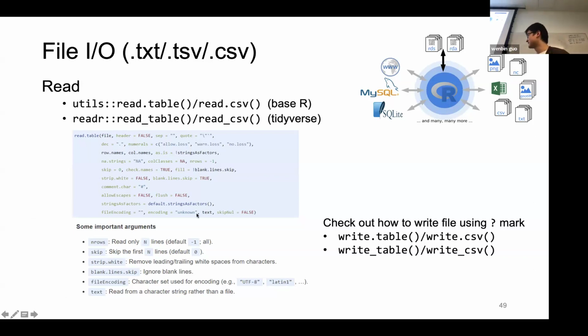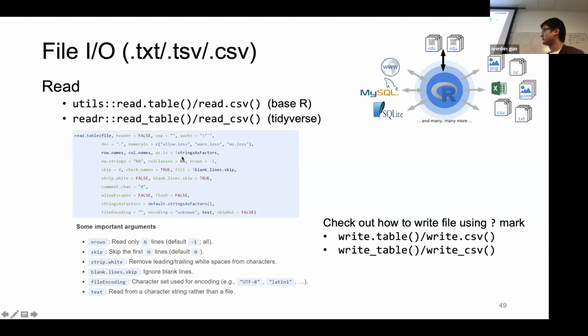For readr, which is a member of the tidyverse, there is a similar functionality, and the job is pretty similar. The arguments are also similar. Here, although I just listed read.table, I think the logic is pretty much the same.